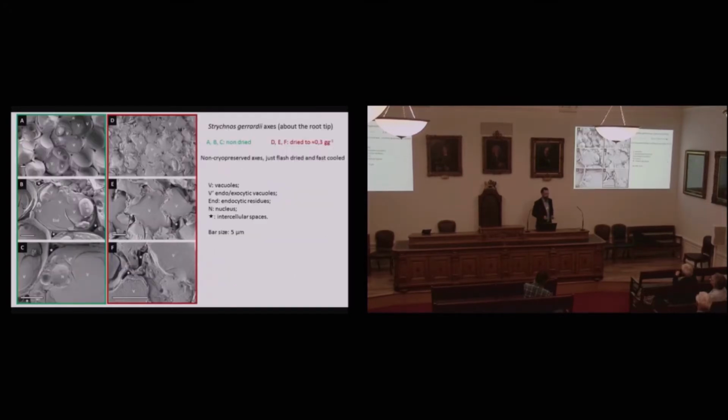So with all these things in mind, we went into the scanning electron microscope. We wanted to see if these small things we were watching with the DSC were also reflected in the structure.